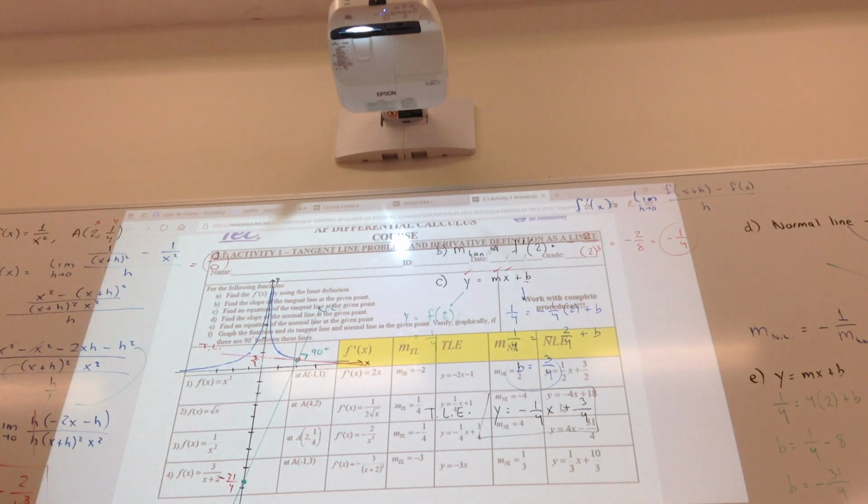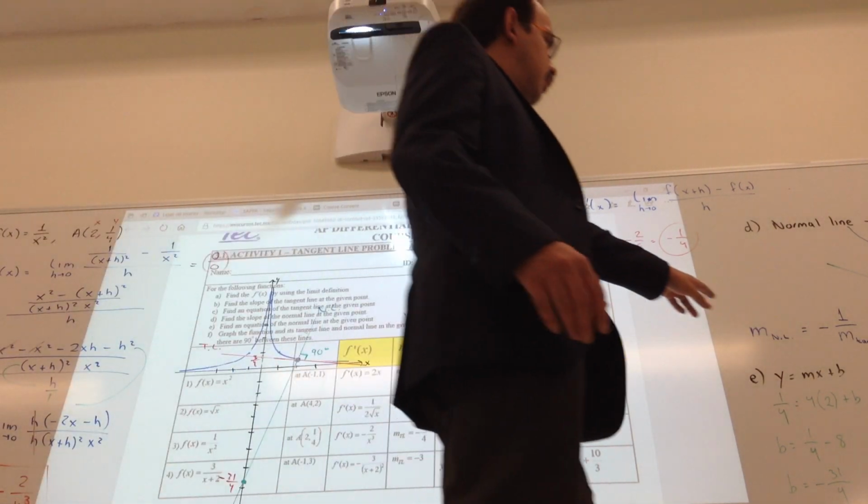Profe, ¿puede que quede igual en este y este? Equal. The slope is different. The slope is always different. No puede poner las.